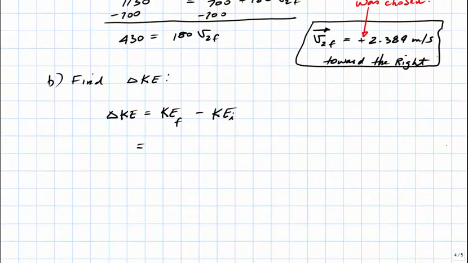So if we expand this accordingly, KE final could be described by KE1 final plus KE2 final, minus KE initial, which can be described as KE1 initial plus KE2 initial. We're using brackets because we have to add up the initial kinetic energies and then subtract them from the final kinetic energies.